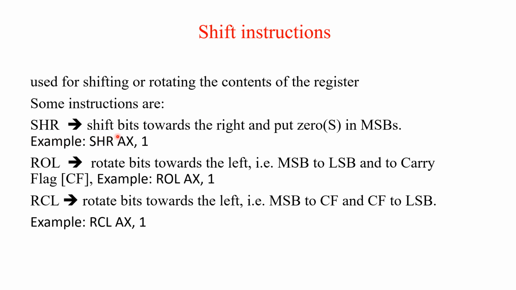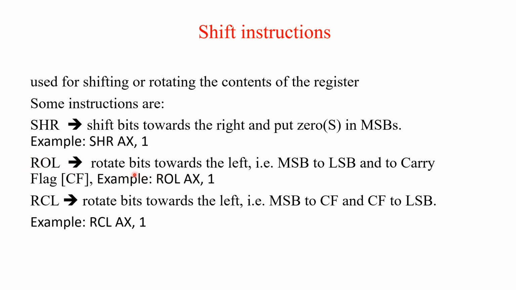The shift right instruction shifts bits towards the right, filling the most significant bits with zeros. For example, SHR AX, 1 shifts the bits in register AX one position to the right with a 0 in the MSB. Rotate left.